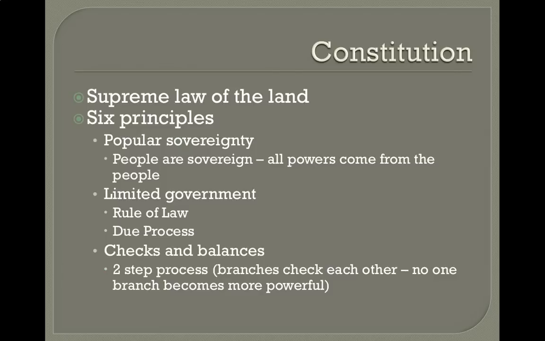But then the judicial branch can go behind and rule it unconstitutional. The president appoints judges and ambassadors and cabinet members, but then the Senate gets to confirm those. The president can enter into treaties, but once again, the Senate has to confirm those treaties. So everything takes 2 steps, multiple processes.